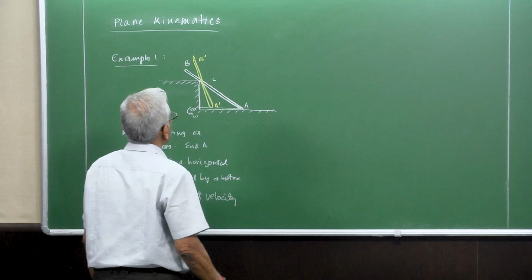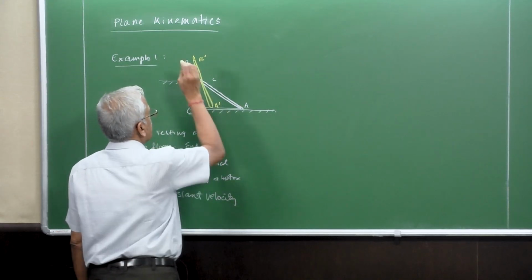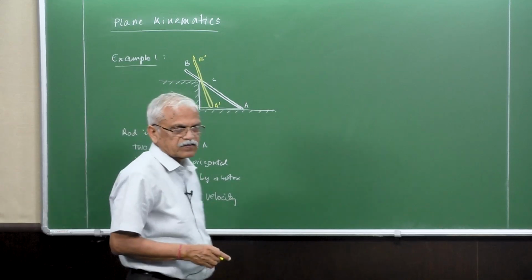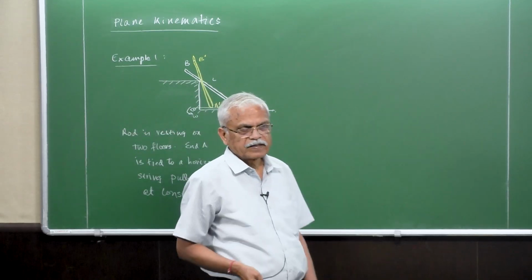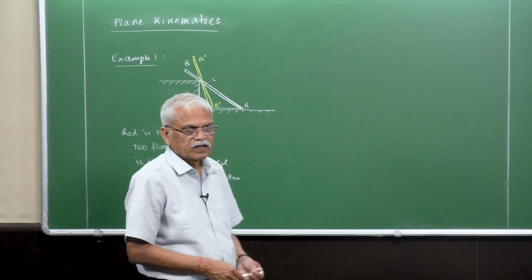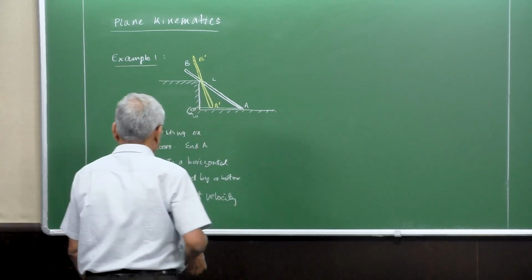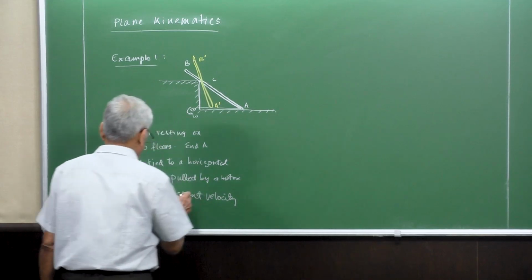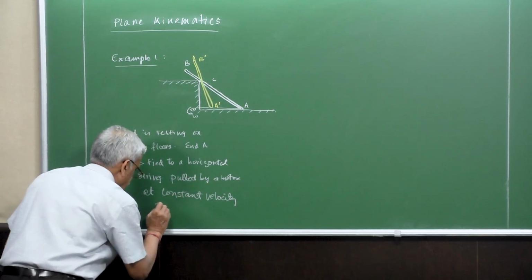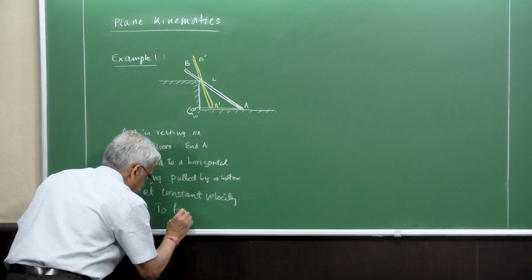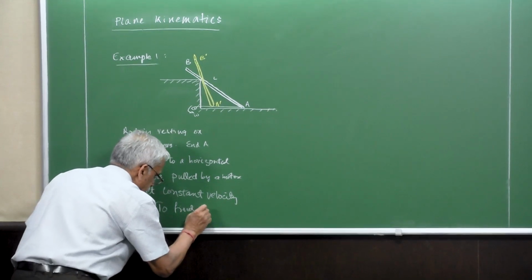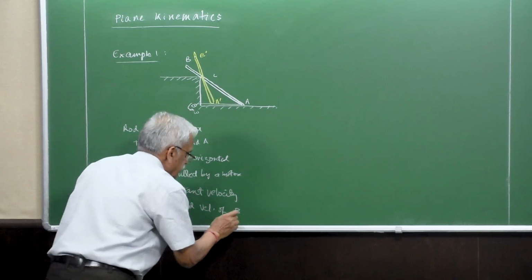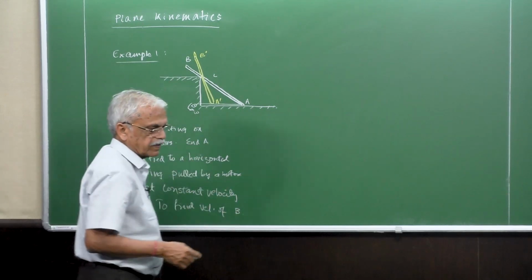Okay, so it looks like that. Now I've shown a lot of this motion, but it can be in small steps. So our task is to find the velocity of point B, which is at a length of L.